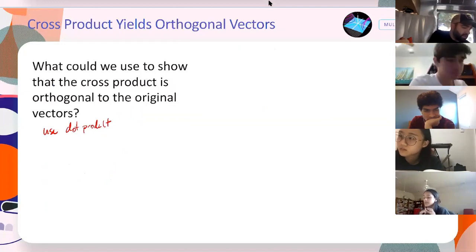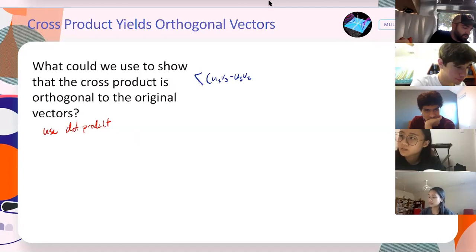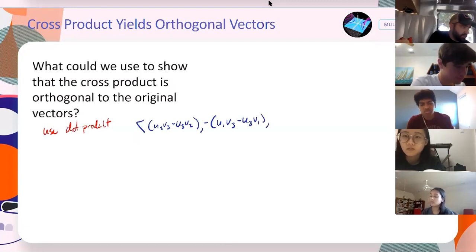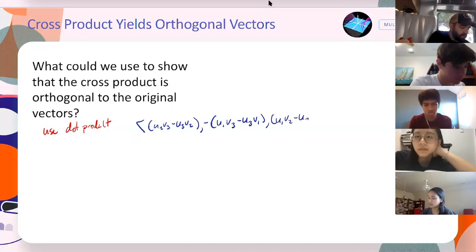So we could take that vector that we just had, U2 V3 minus U3 V2, and I might move it down because I'm going to run out of room. Minus U1 V3 minus U3 V1, and then U1 V2 minus U2 V1. Okay, that's our cross product vector.